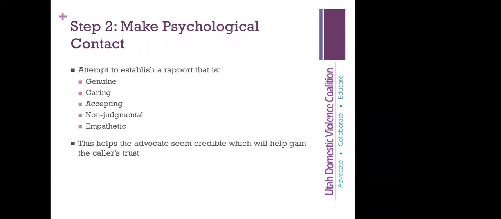I will say, though, when you're on a hotline call and all you have is verbal communication, somebody can't see your body language, anything like that. It's really important to check how you sound. That's something I really had to work on when I first started getting into this work, making my voice sound less harsh.